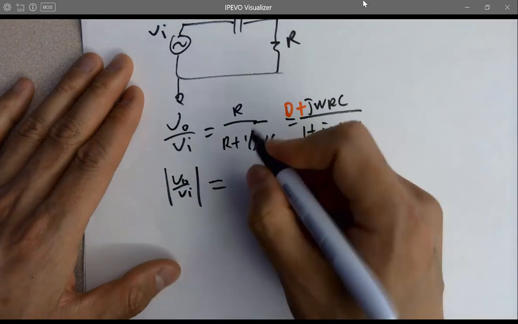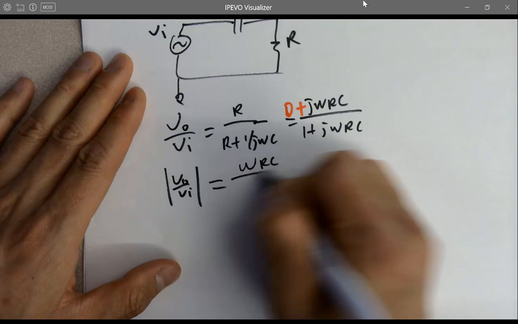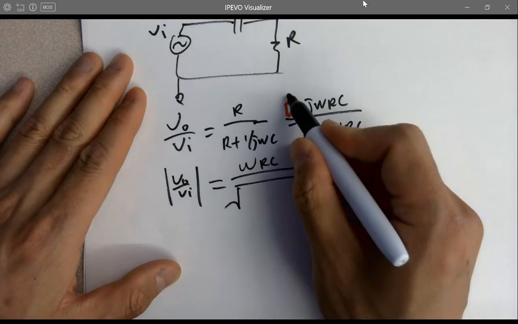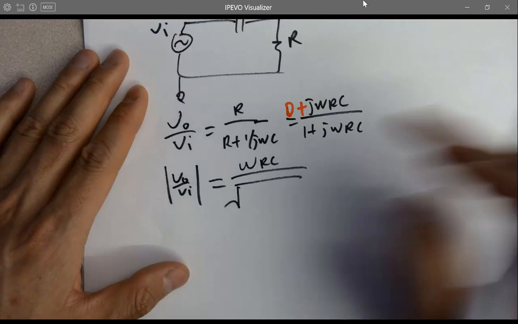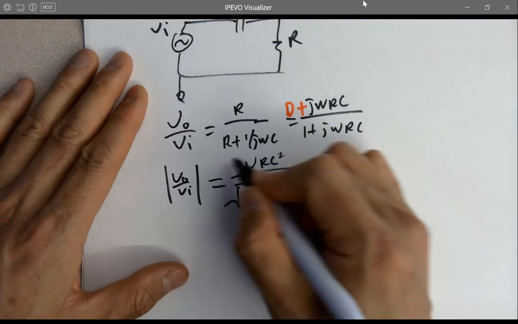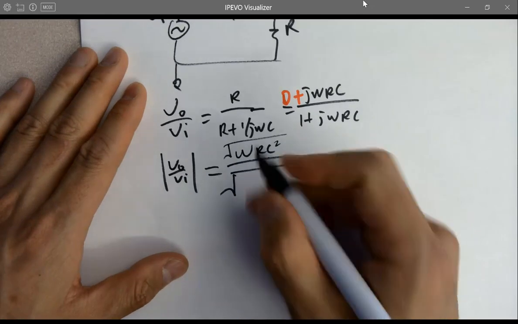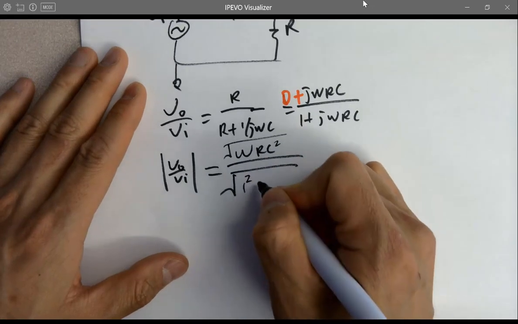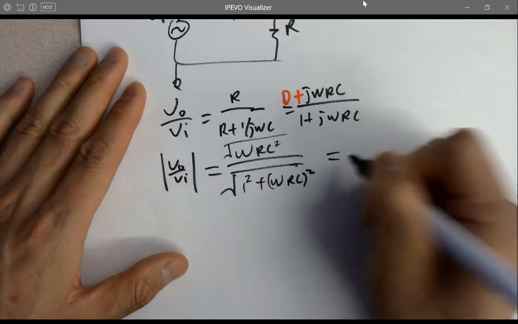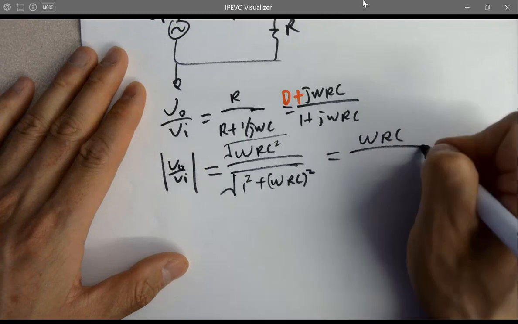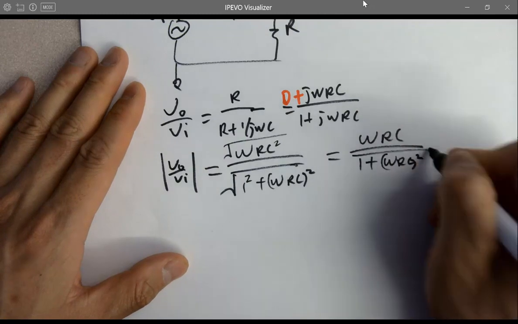For the absolute value of it, you're getting omega RC on the top, because that's 0 squared plus omega RC squared, square root of it is still omega RC, no difference. And the bottom becomes 1 squared plus omega RC squared, which is omega RC over the square root of 1 plus omega RC squared.